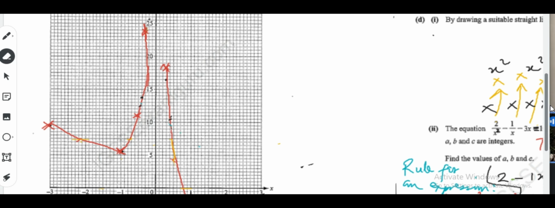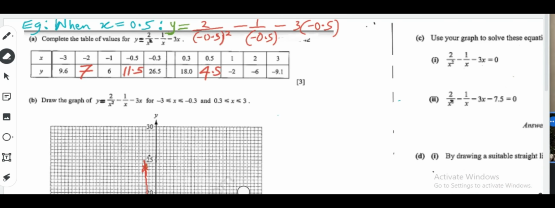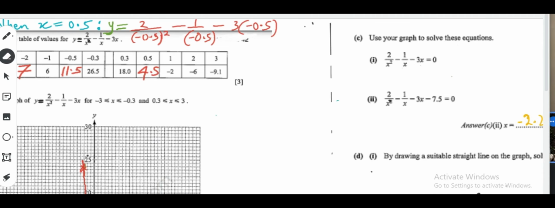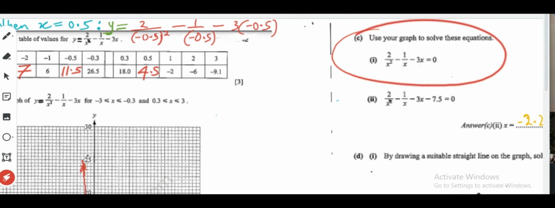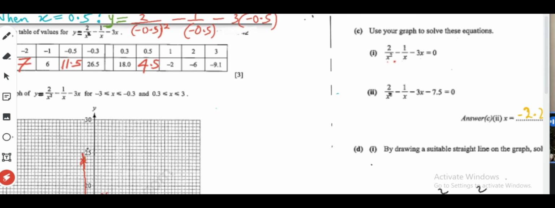We're going to review it again. So, these are the questions. Okay. Read it. Use your graph to solve this equation: 2 over x squared minus 1 over x minus 3x equals 0. So what do we do?